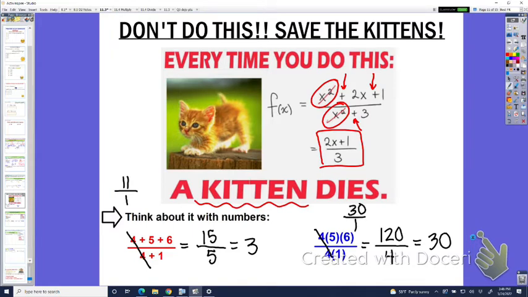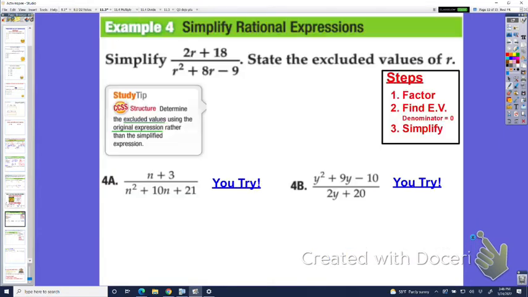So, moral of the story is you're allowed to cancel out common factors on the top and the bottom of a fraction when they're multiplying, not when they're adding. So when we do this next part, I can't just cross off these two n's, or I can't cross off these two y's, all right? That is not allowed.